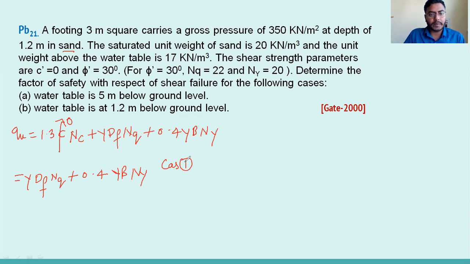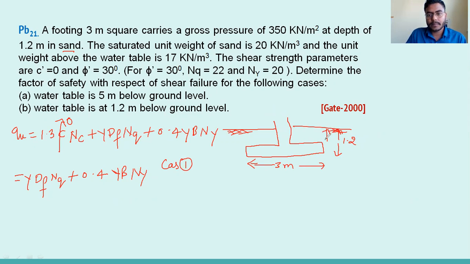You can see the water table is 5 meters below the ground level. This is the square footing. And what is the depth of foundation? Depth of foundation is given 1.2 meter, and this is the width, 3 meter.